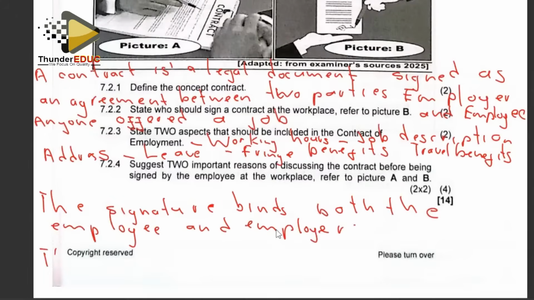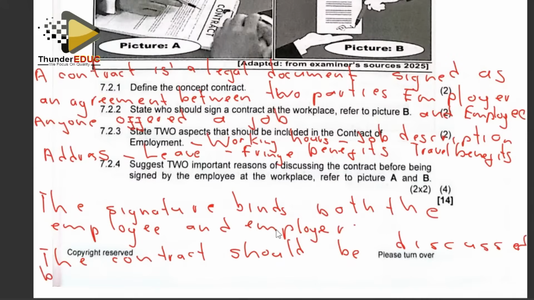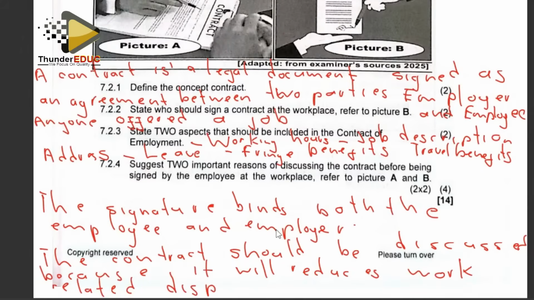So it's the contract, it should be discussed. It should be discussed because it will reduce work-related disputes, disputes between the two parties. It reduces conflict between the two parties.